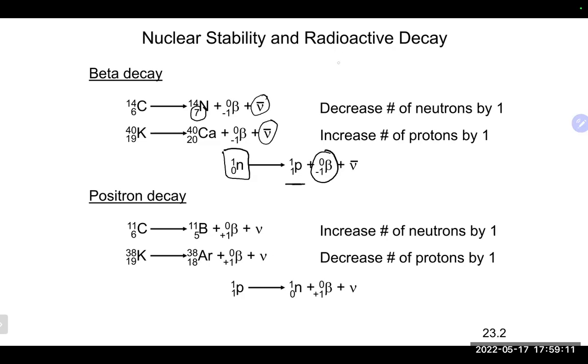So if we just do a step by step, for example, we look at 14,6 carbon, we are taking a neutron out, which means technically our mass number would then go to 13,6 carbon when we subtract our neutron, right? Then we form a proton, right?